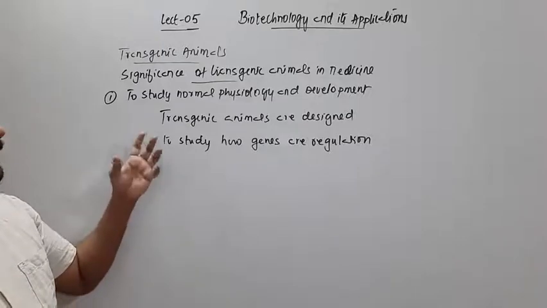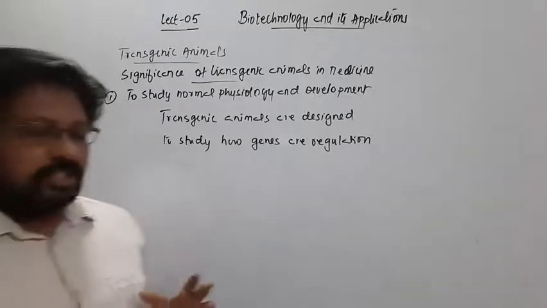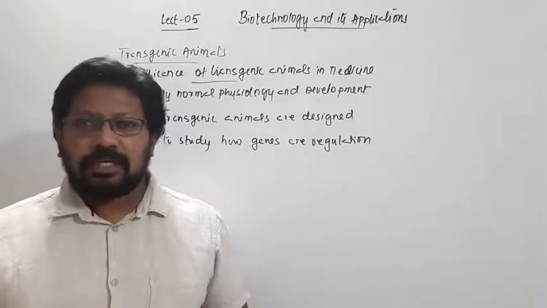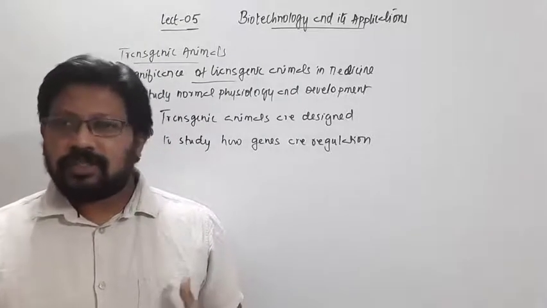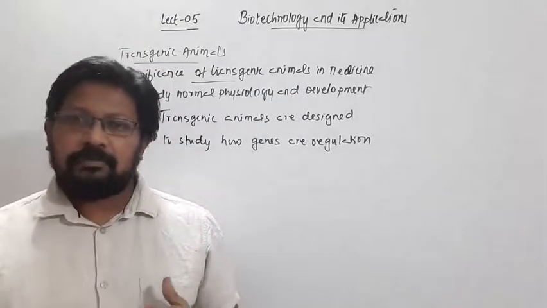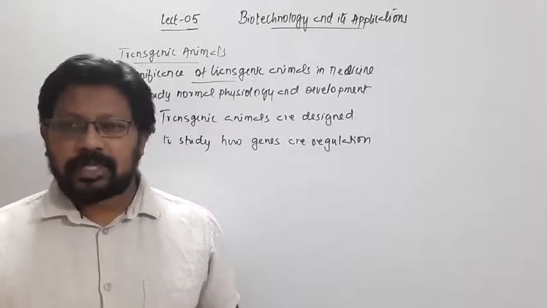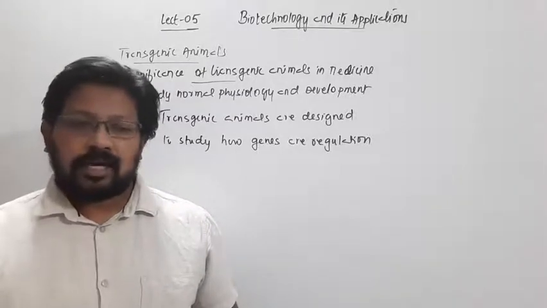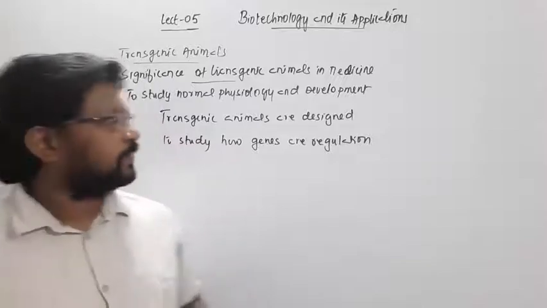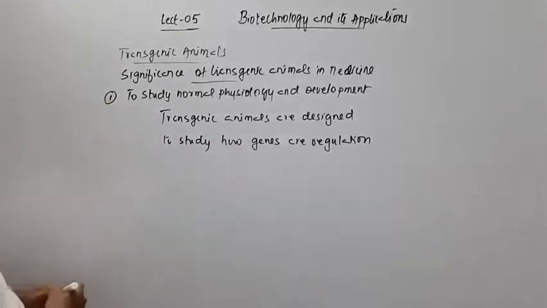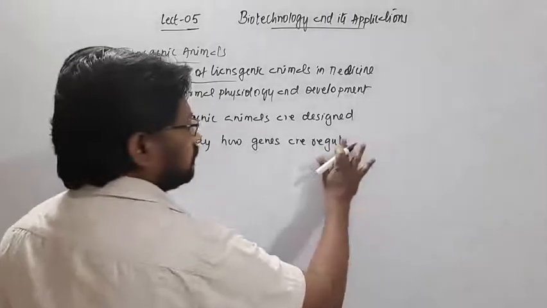And here they are designed, so it means that the genes that are responsible for the physiology or the development are being introduced into these transgenic mice to see how they are working, right? So those transgenic animals are designed to study how genes are regulated.